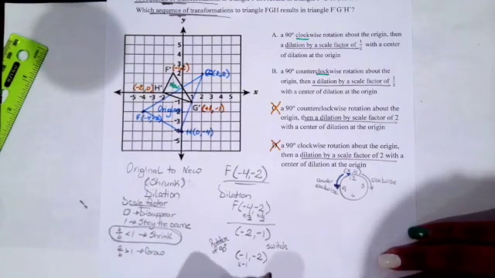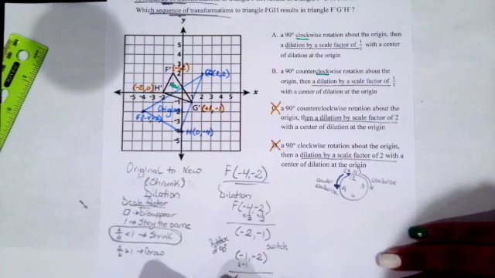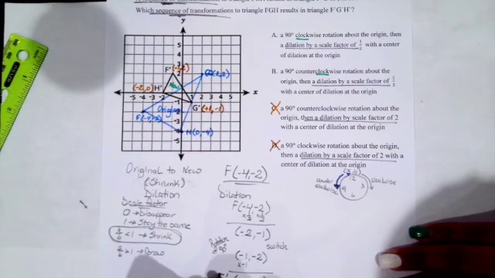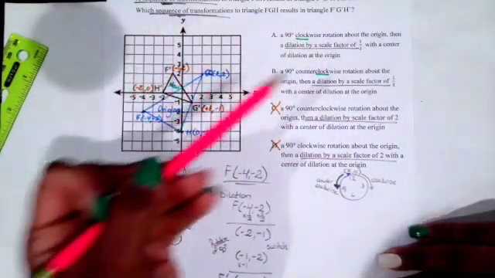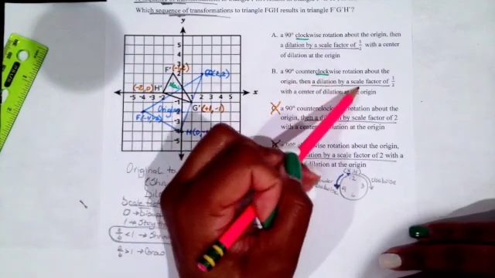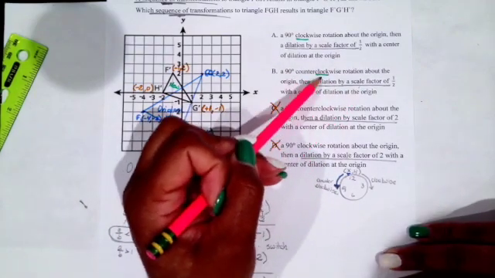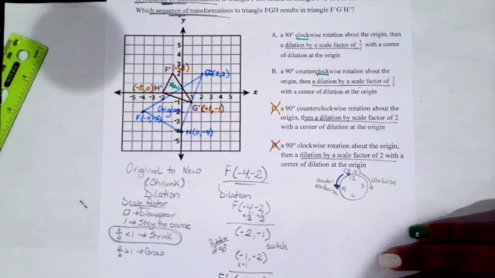Only the X value. And you would get 1, -2 as your F prime because you did both. You did the counterclockwise rotation and you did the dilation. It doesn't matter the order. And this is what you will get.